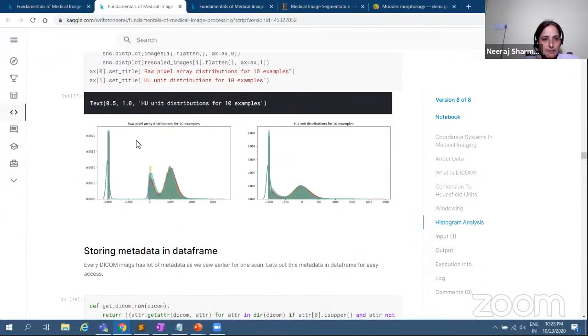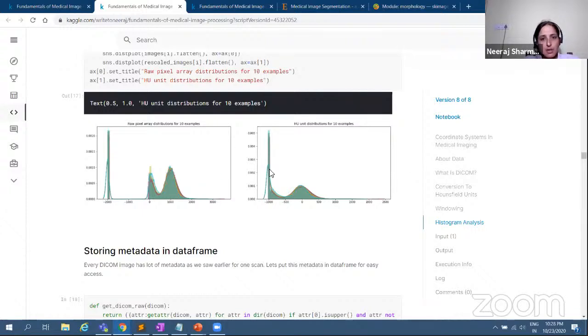If we see this plot of the raw images, it shows that there are a lot of values which go to -2000. Then it shows that there is no air, no lung, nothing, and then a lot of water, and some fat, muscles, and then bone, a lot of bone. It shows a lot of very dense bones.